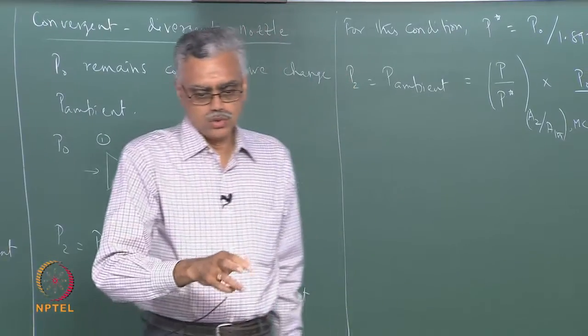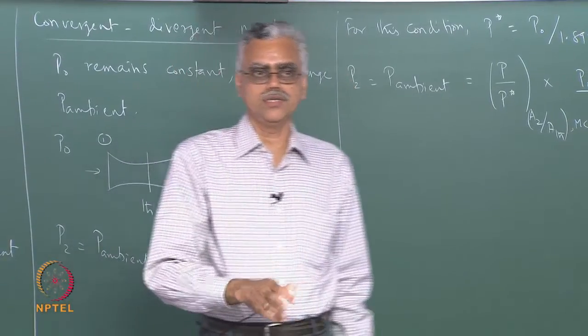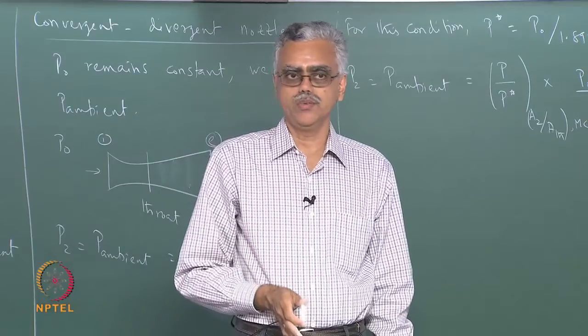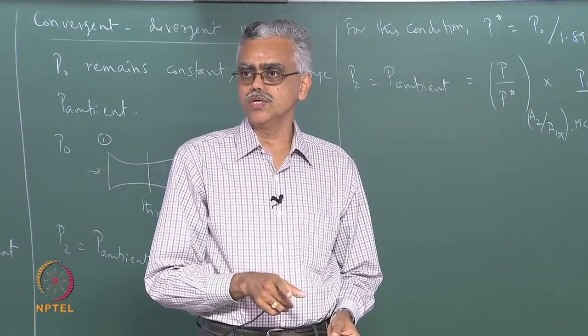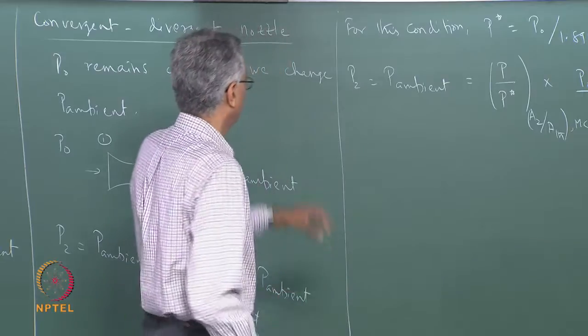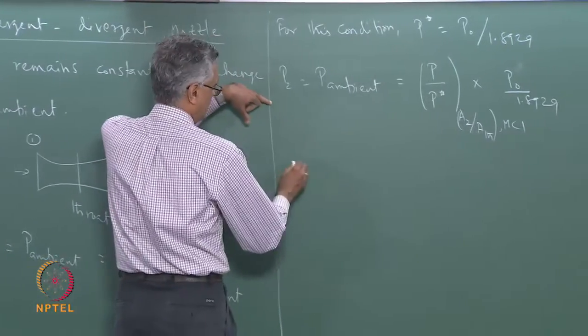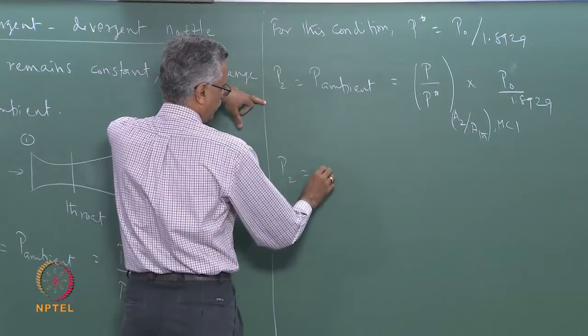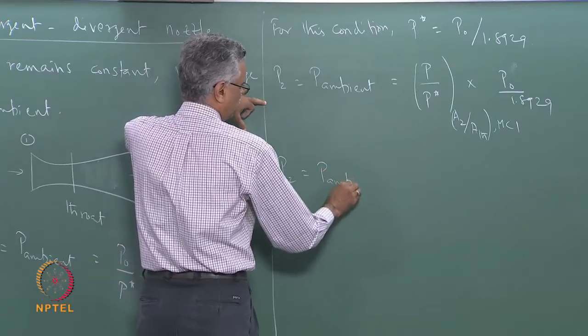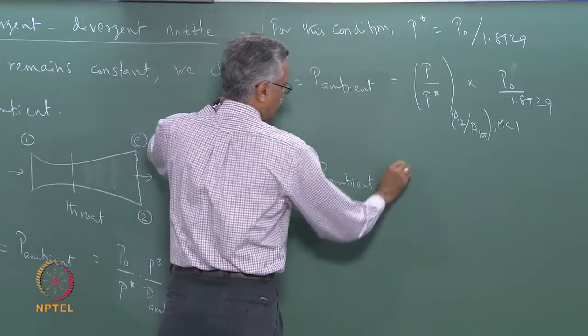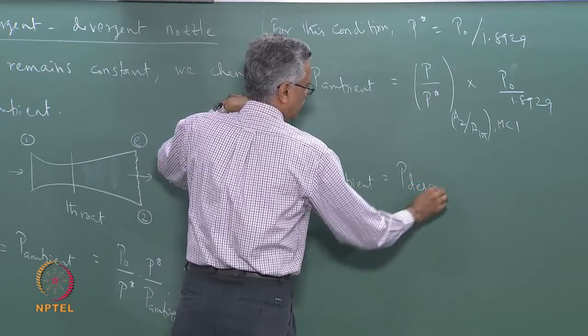Okay. So again notice that this solution is completely isentropic and the Mach number at the throat is also equal to 1. This corresponds to a situation when the ambient pressure P2 is equal to P ambient, and this pressure is also called the design pressure.